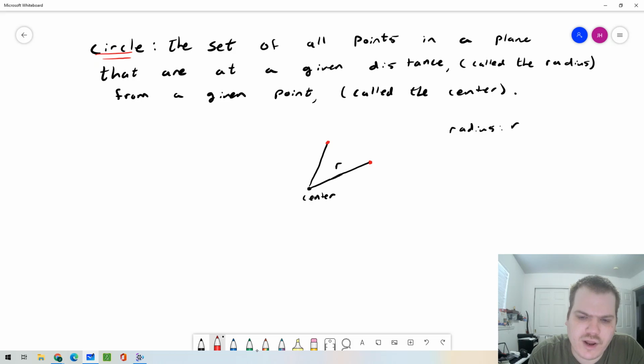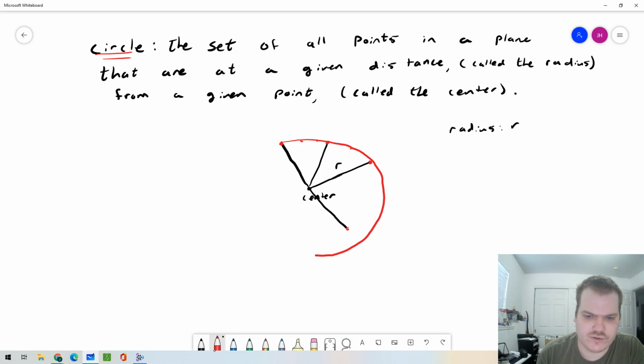And no matter what angle I pick, and in fact there are infinitely many points in the set, it's a set of all points that are of equal distance away. So wherever I go, and if I go down here, this would still be r. As long as this distance is r, then I've got a set of all points that are of equal distance away.